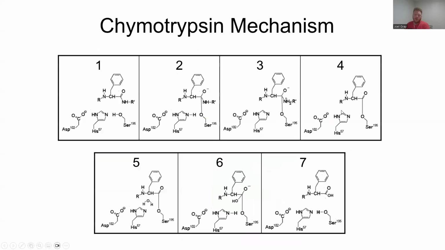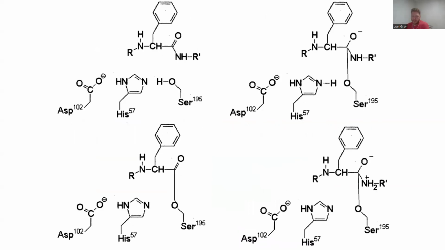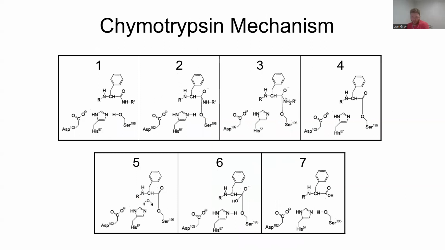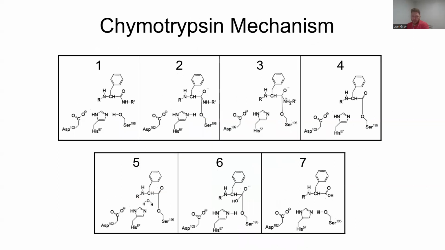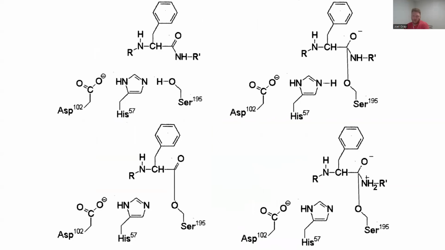Okay, so here's our chymotrypsin mechanism. This is it broken down over the course of 7 steps. And I want you to look at this, and realize that this is the exact same as this, though it's blown up over a couple of different slides.